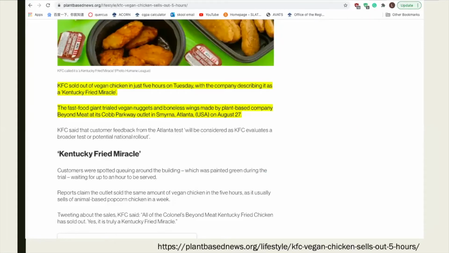This is from another website. This is actually talking about the collaboration between Kentucky Fried Chicken and Beyond Meat, which is also another company that develops plant-based meat product. It says KFC sold out of vegan chicken in just 5 hours on Tuesday.